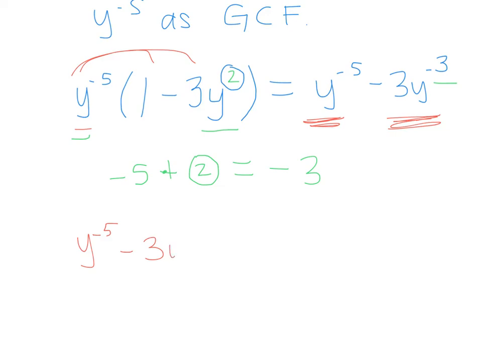We get -3y to the -5 times y squared. So we get y to the -5 minus 3, adding those exponents on the y's, we get -3. And that matches what we started off with.